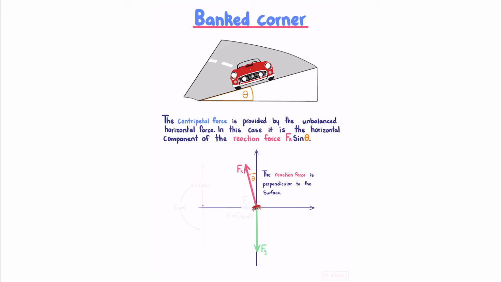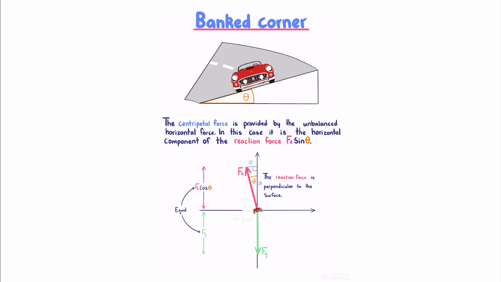Now because the car is not accelerating upwards or downwards, we know that the vertical forces must be equal, which is to say our gravitational force must be equal to the vertical component of our reaction force, which is Fr cosine theta. Cosine, because if we make this our right angled triangle, this is our adjacent side, this is our opposite, and Fr is our hypotenuse.